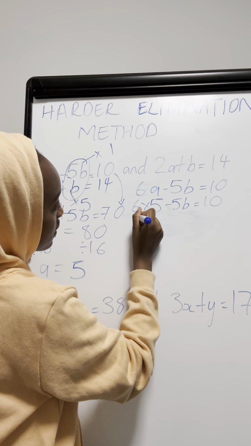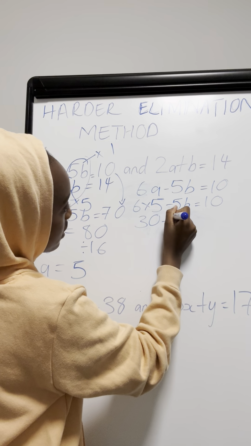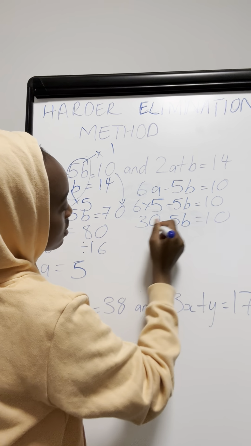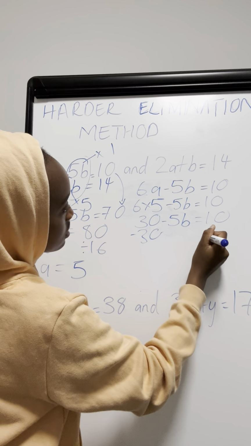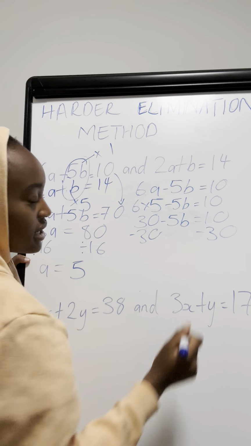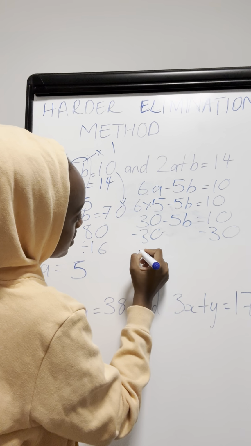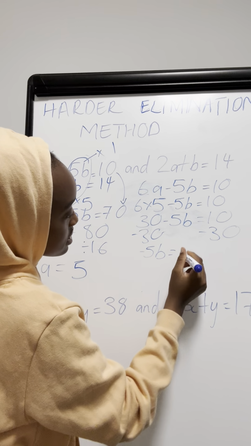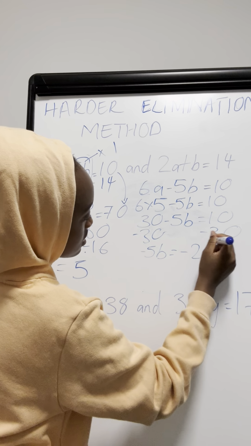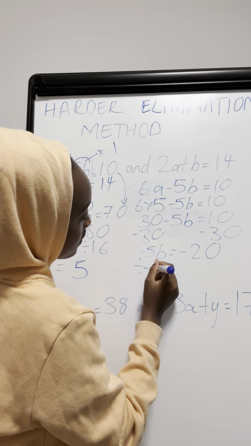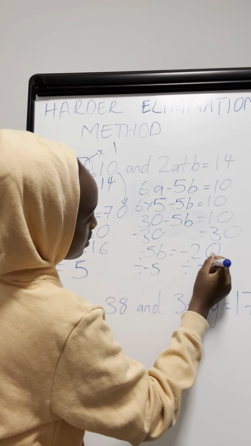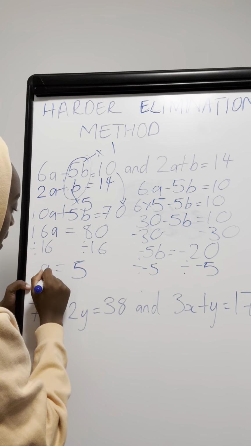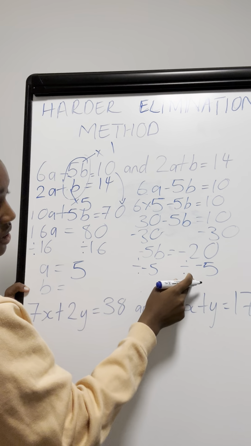And then 6 times 5 we get 30 minus 5b equals 10. And then we subtract the 30 from both sides. This means we get negative 5b. And then 10 minus 30 equals negative 20. And then you divide negative 5 by negative 5.